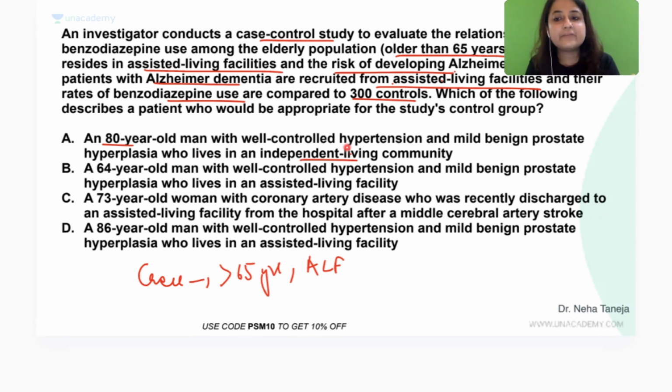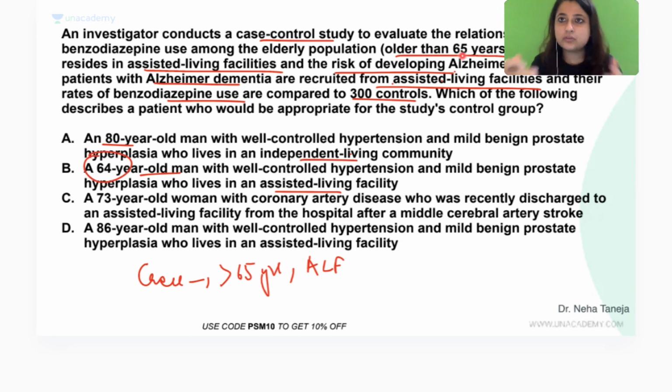That might act as a confounder. Are you with me? Everyone, option A clear? Option A, okay. Look at option B. Alright, 64-year-old man with well-controlled hypertension, mild BPH, okay, assisted living. So the place of residence is okay, but look at the age, guys.